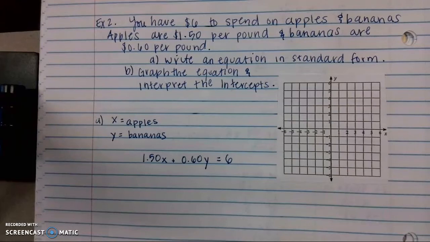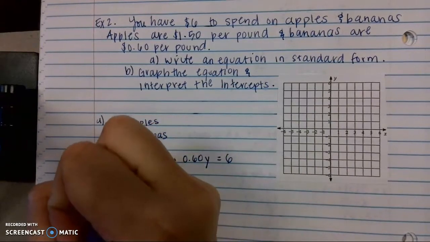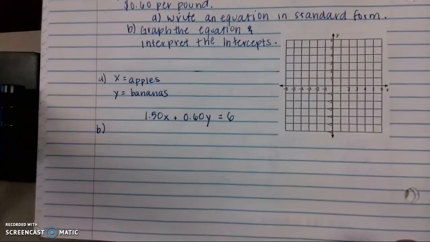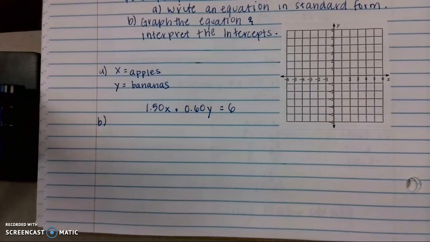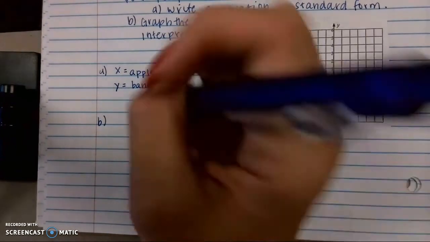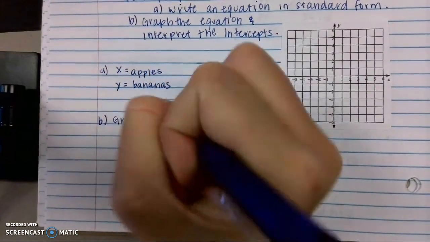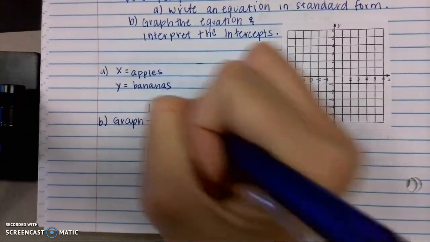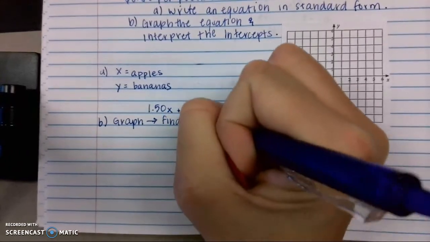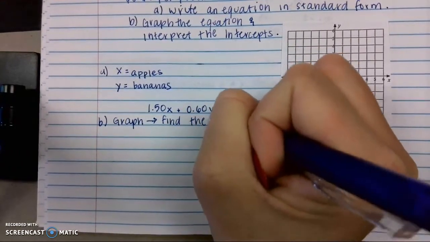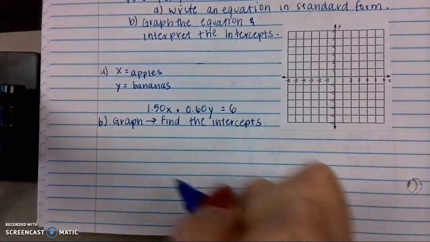So then, for part B, I'm going to graph using the intercepts, the new thing that we did today. I'm going to find the intercepts. So I'm plugging in 0.